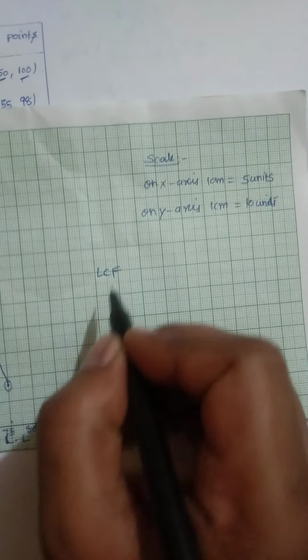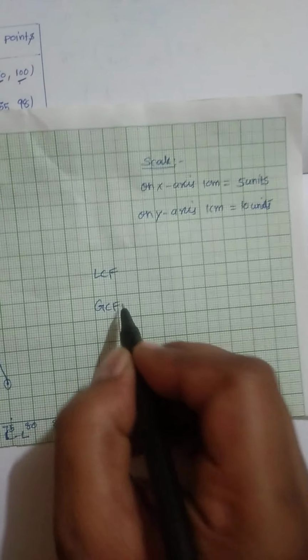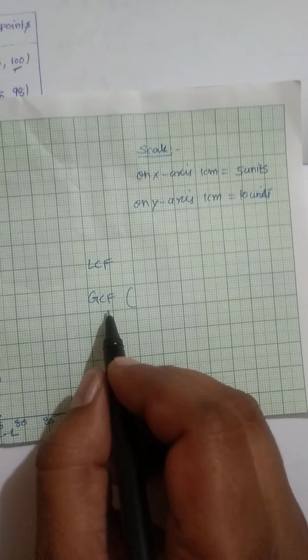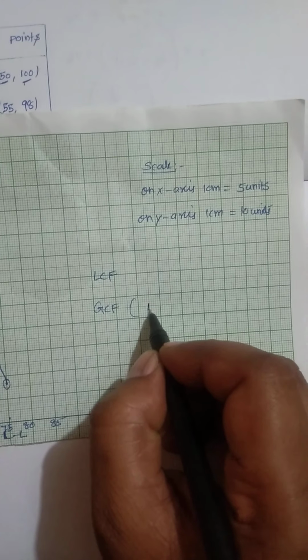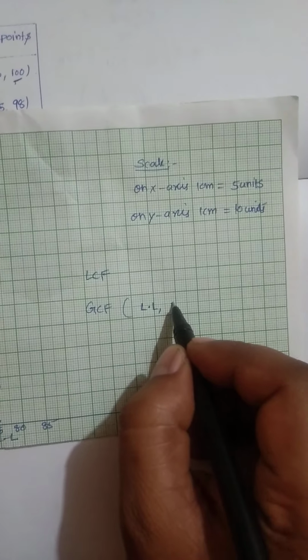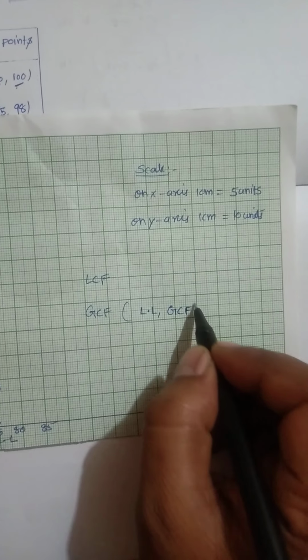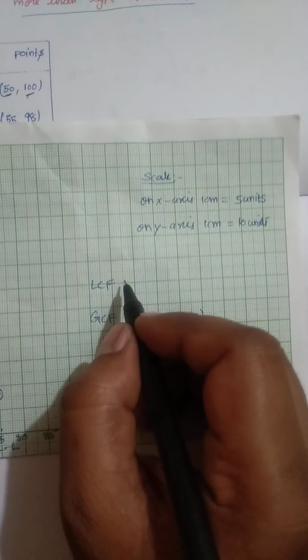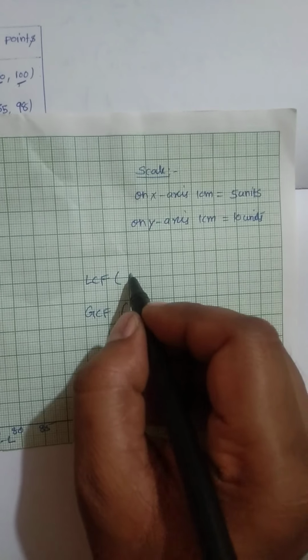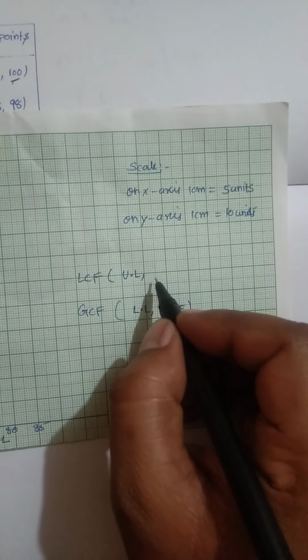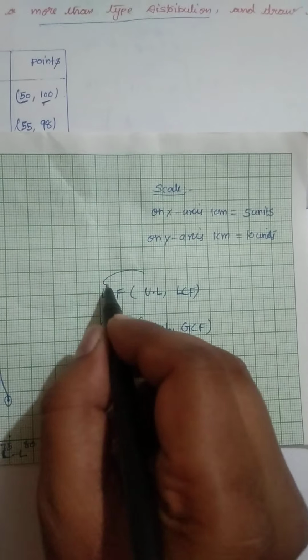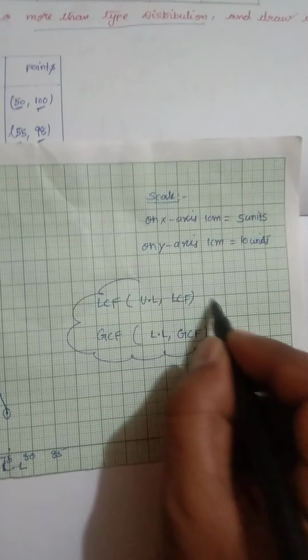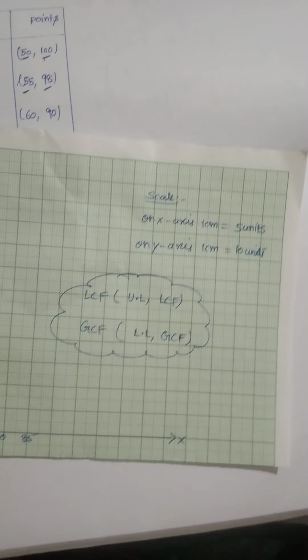The main difference between the two: when we are constructing the greater than cumulative frequency curve, we have to take lower limit on the x-axis and greater than cumulative frequency on the y-axis. When we are constructing the less than cumulative frequency curve, we have to take upper limit on the x-axis and less than cumulative frequency on the y-axis. This is the most important point when we are constructing the graphs.